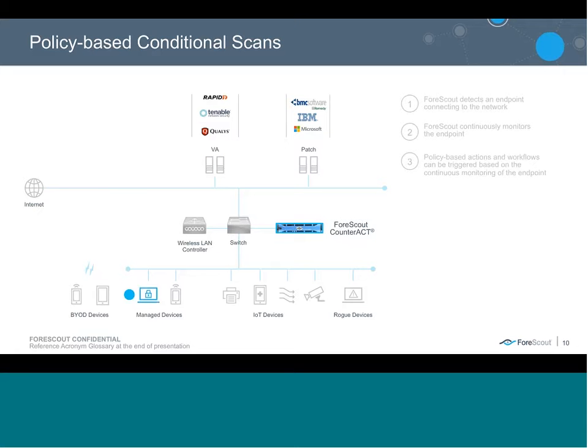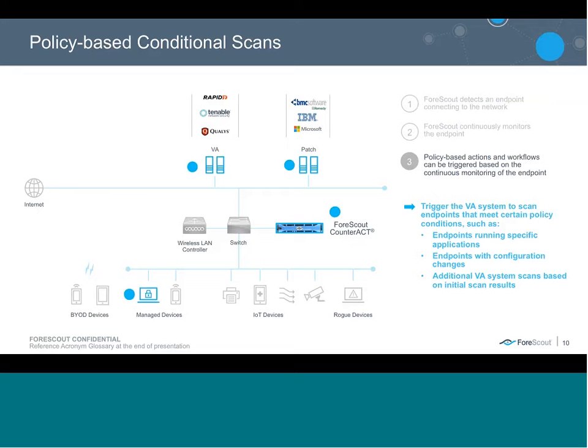So in this use case, ForeScout detects an endpoint connecting to the network. It continuously monitors that endpoint, and the reason for that is that policy-based actions and workflows can be triggered based on the continuous monitoring of that endpoint.